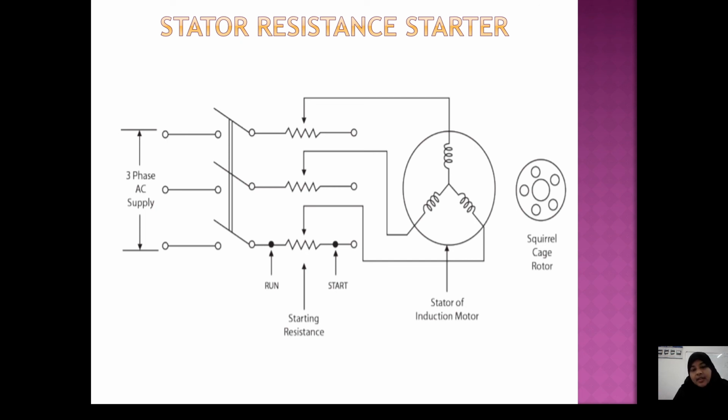Then rated voltage will be applied to the stator of the induction motor and motor will run with its rated speed. So the starter is used to give the reduced voltage to the stator of induction motor. The rotor which we are using here is squirrel cage rotor.